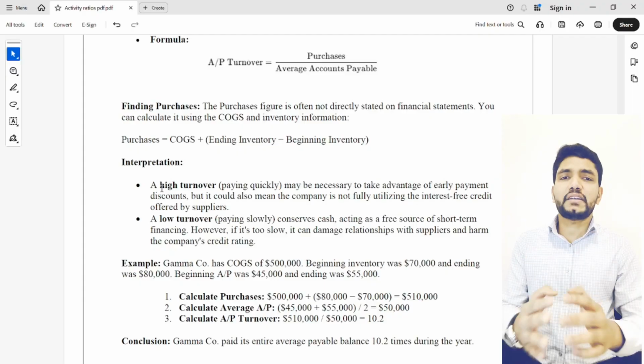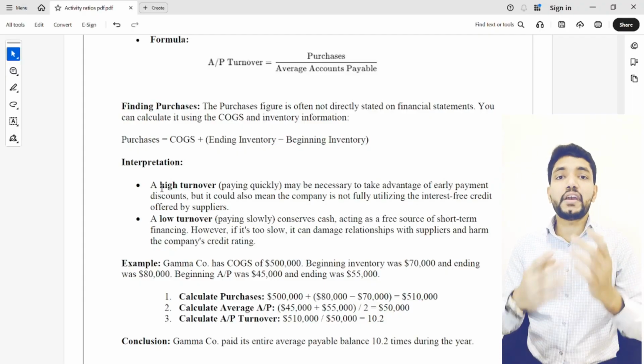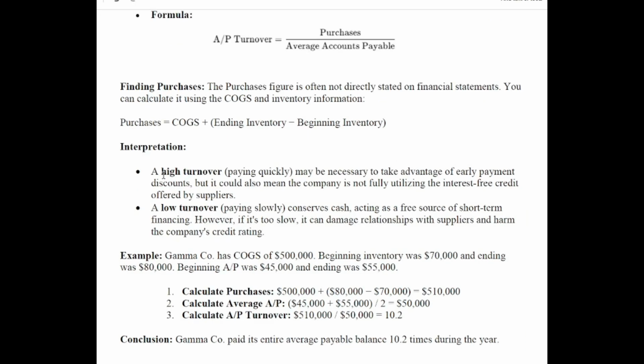So a higher turnover ratio normally indicates that the company is paying its payables quickly to take advantage of early payment, but in most cases the payable is a free source of working capital, so it should be managed and utilized effectively.